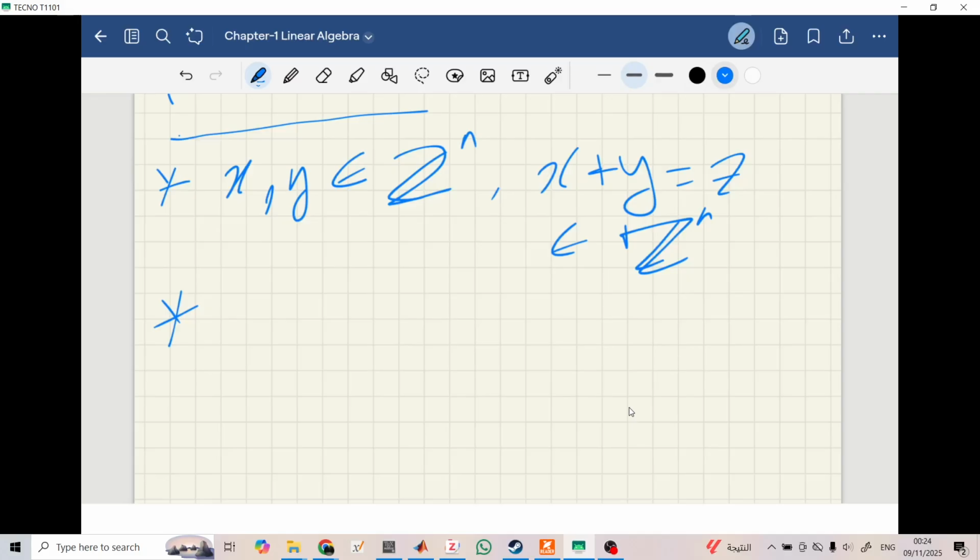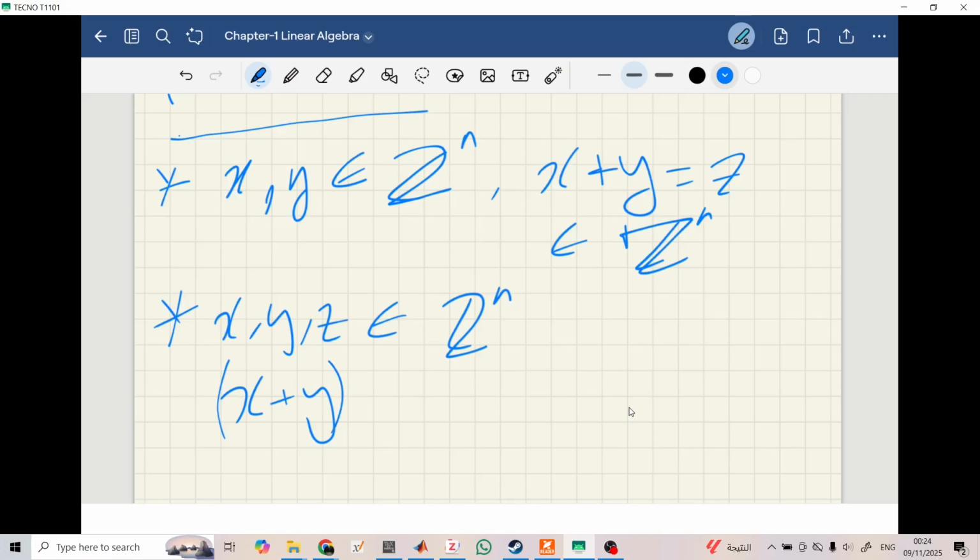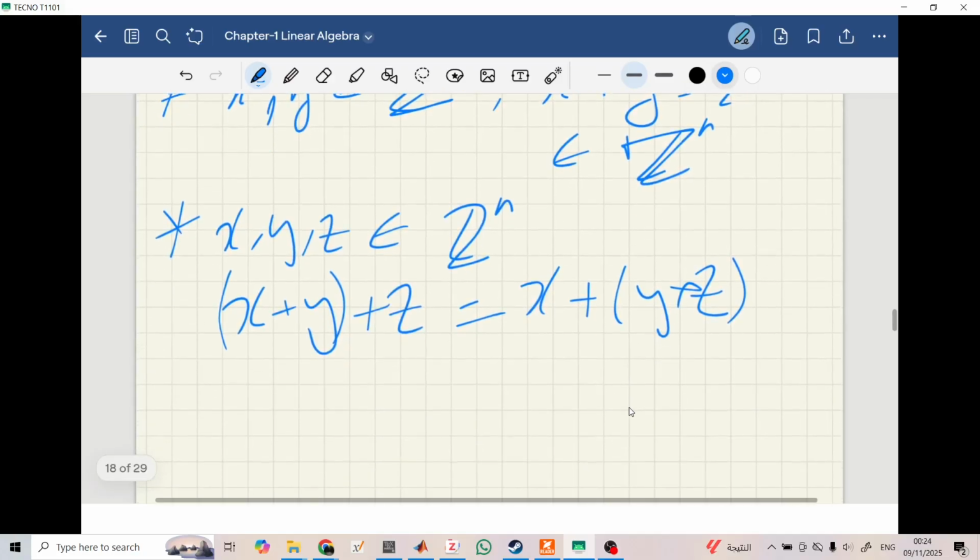If we have x, y, and z that belong to this set, then x plus y plus z equals x plus y plus z, and they belong to the same set. So we have checked this.